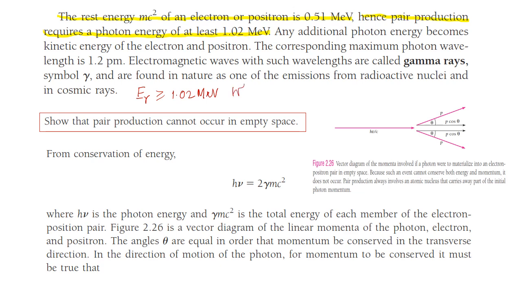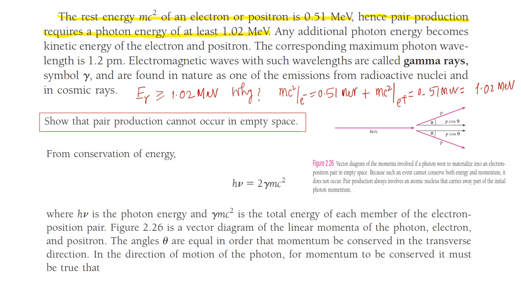Why? Because the rest mass energy m c square of an electron is 0.51 MeV, and if I add the rest mass energy of the positron, which is 0.51 MeV, it sums to 1.02 MeV.